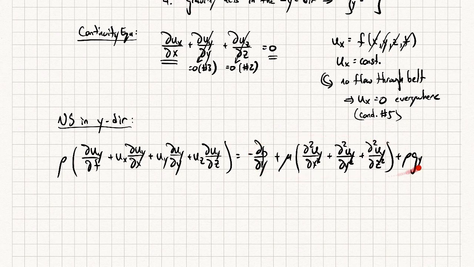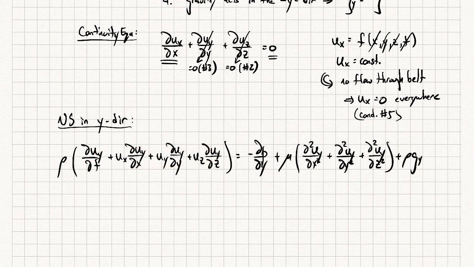Here are our force terms: pressure force, viscous forces, body force, and this is our mass term times acceleration. I say mass, this is really a density, but it's mass per unit volume. Everything in here is force per unit volume equal to mass times acceleration per unit volume. This term in parentheses is your Lagrangian derivative of the y velocity component, so it's just the acceleration in the y direction.